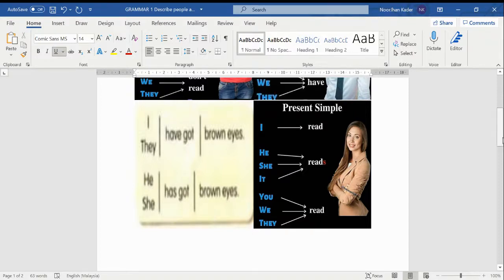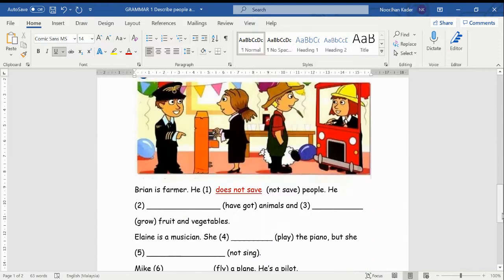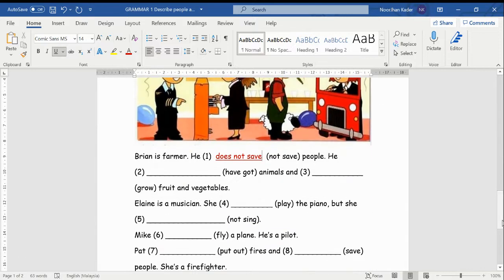Okay, the words or phrases given in the brackets are actually the basic grammar. So you have to change them to a correct grammatical form. So actually this one is has got. So you don't straight away copy.